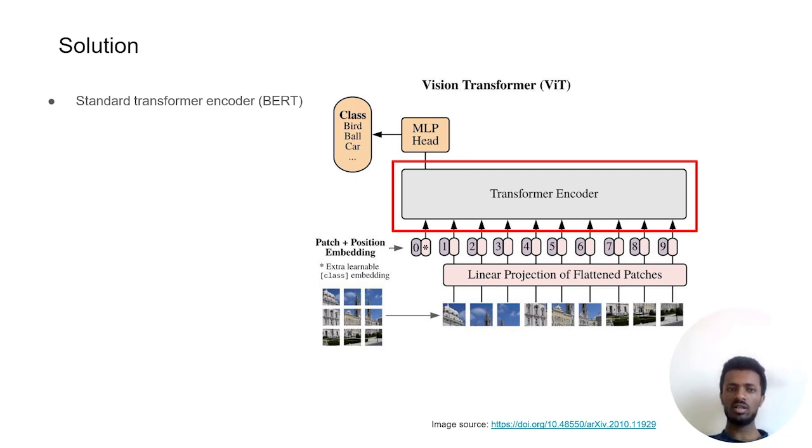Self-attention allows the model to weigh the importance of different patches when making the prediction for a particular patch, and this ability to capture long-range dependencies is crucial for understanding global image context. The transformer processes a sequence of patch embeddings through these layers, enabling it to learn complex representations of images.